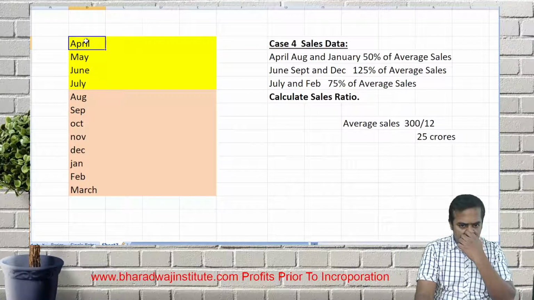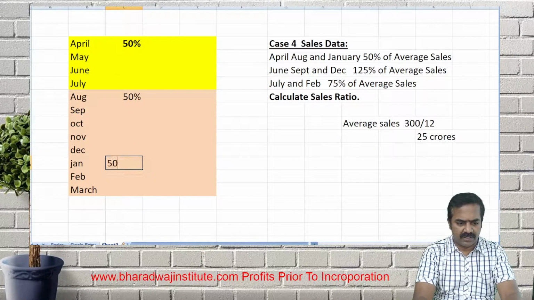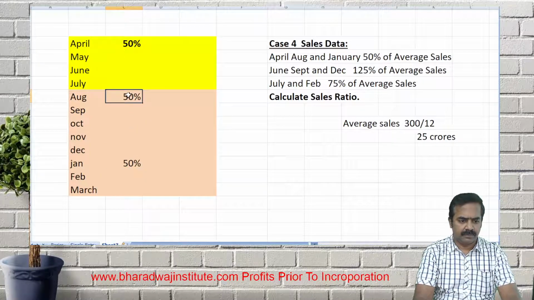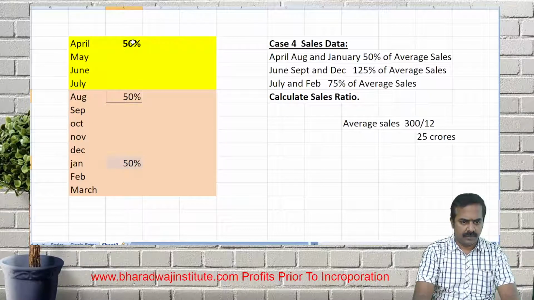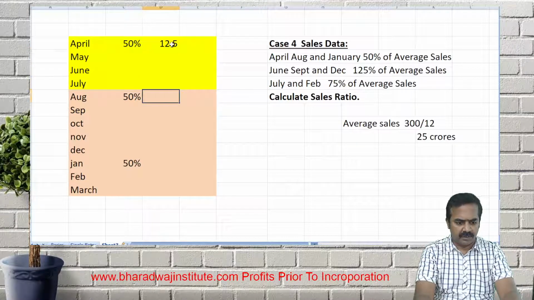April, August, January, 50% of average sales. April, August, and which month? January, 50% of average sales. So how much will it be? 12.5 crores.